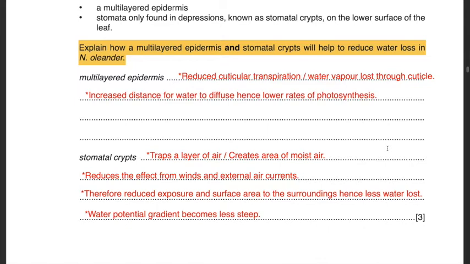You could also say reduce cuticular transpiration, that is water vapor which is lost from the cuticle due to its increased distance. Presence of stomatal crypts is where there will be a layer of air trapped near the leaf. This reduces the effect from winds and external air currents, thus reduced exposure and surface area to the outside surroundings, hence less water is lost.